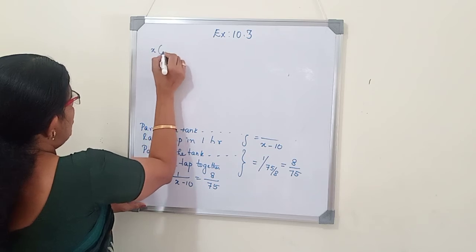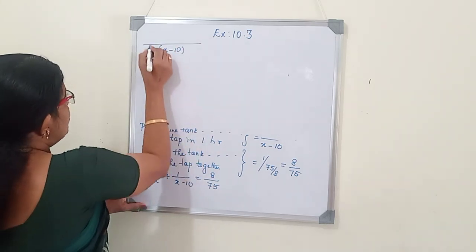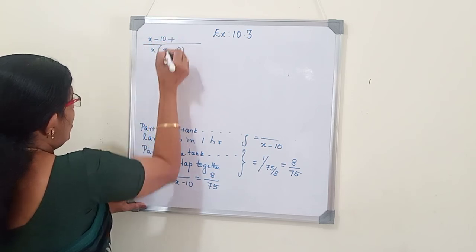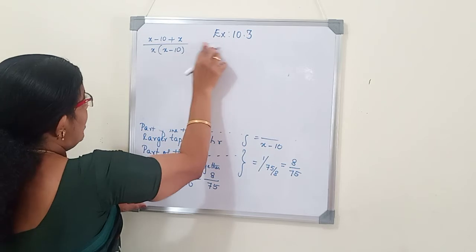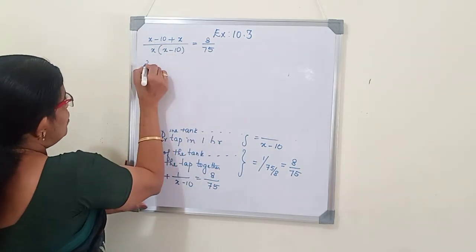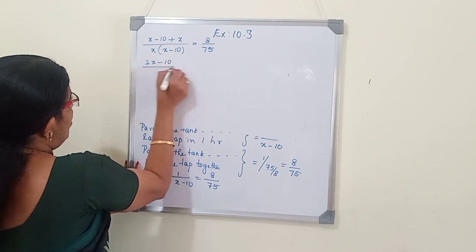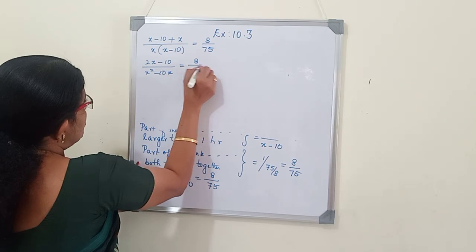So the numerator is 1 into x minus 10 plus x into 1, equal to 8 by 75. Now x plus x, 2x minus 10 by x square minus 10x is equal to 8 by 75.